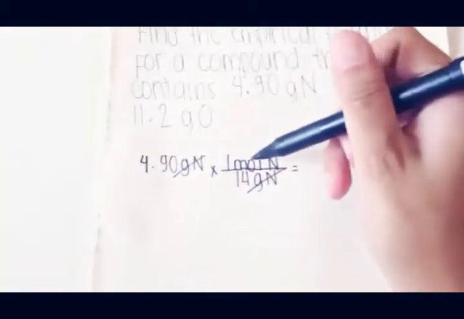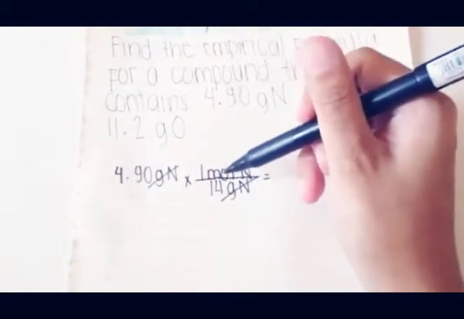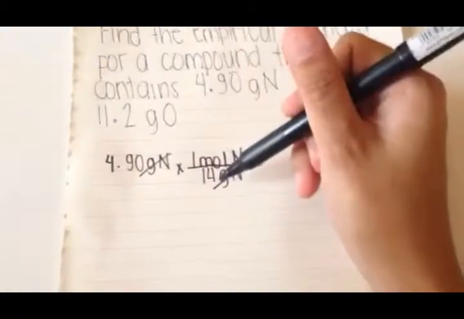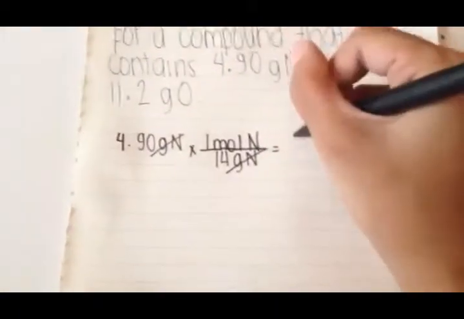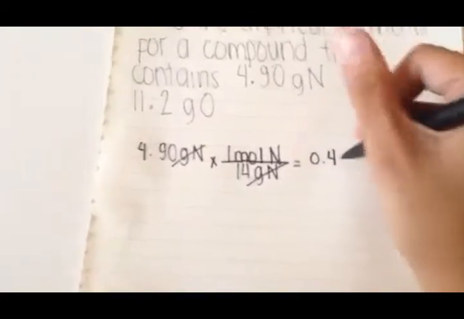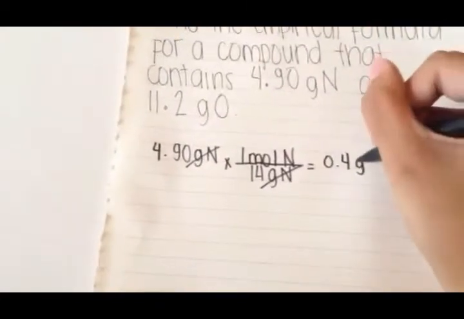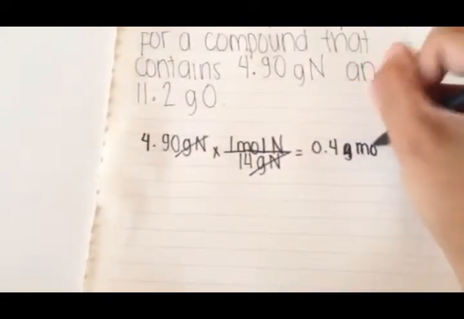So again we have to cross out the same units, and we have to solve it. 40.90 times 1 is equals to 40.90 divided by 14 is equals to 0.4 mole nitrogen.